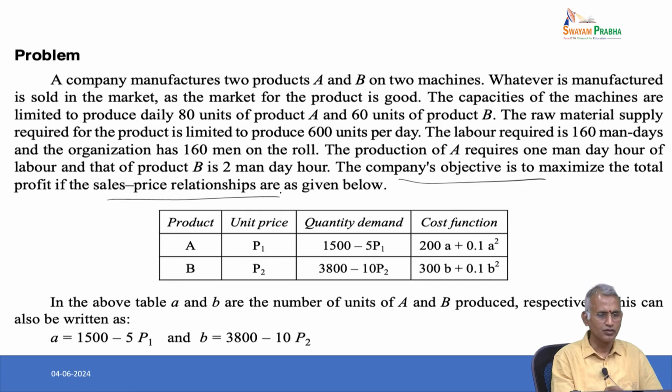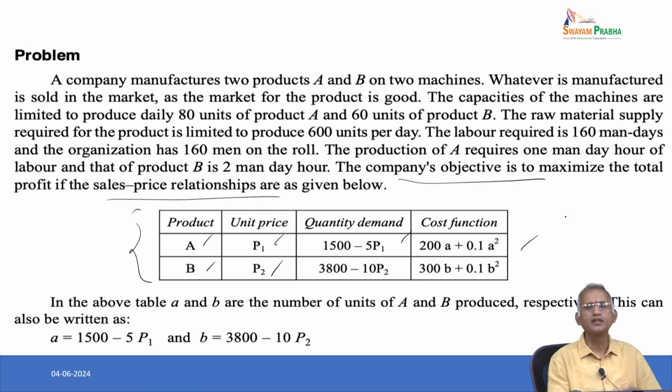below. So, the product, unit price, quantity demanded, and cost function are given, for the 2 products A and B. The corresponding unit prices are P1, P2, and the quantity demanded is 1500 minus 5 P1 for A, 3800 minus 10 P2 for B, and the cost function is 200A plus A square, 300B plus B square, 0.1 B square.